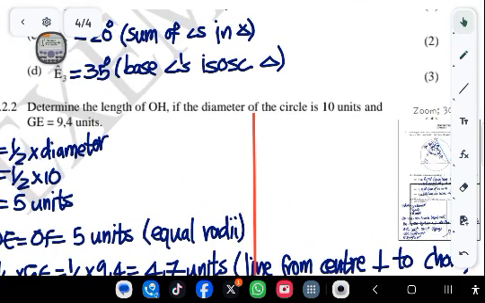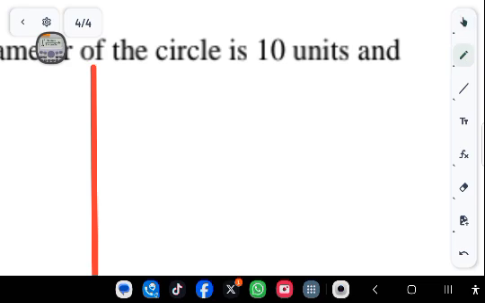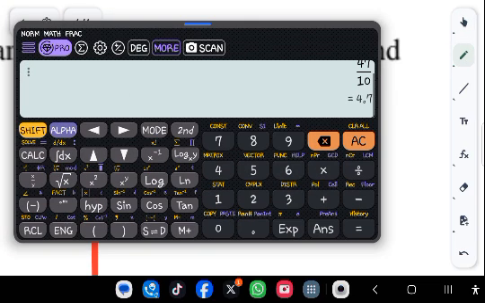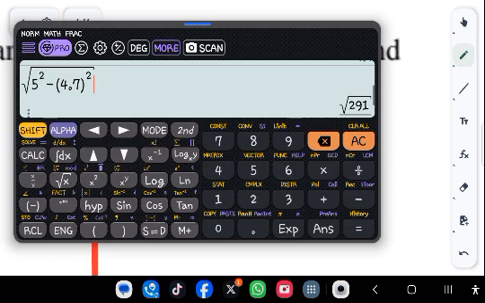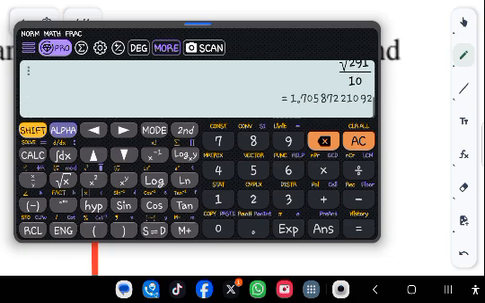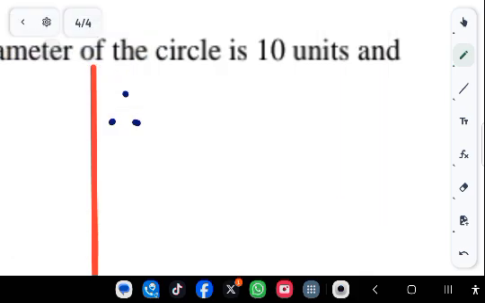Therefore, HO is the square root of 5 squared minus 4,7 all squared, and that is equal to 1,705.